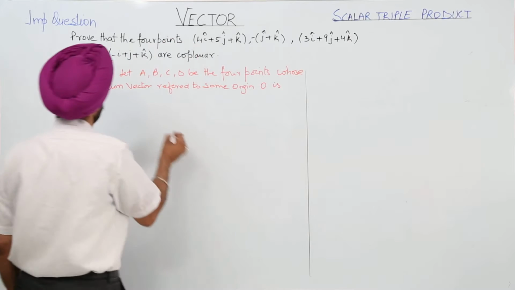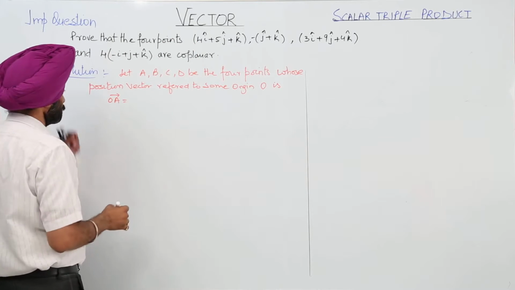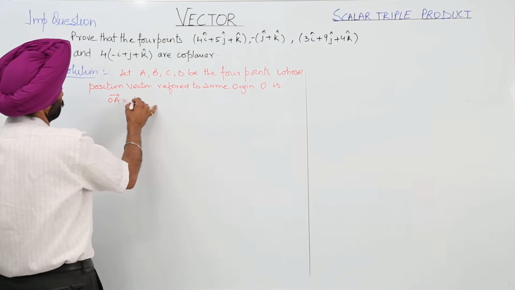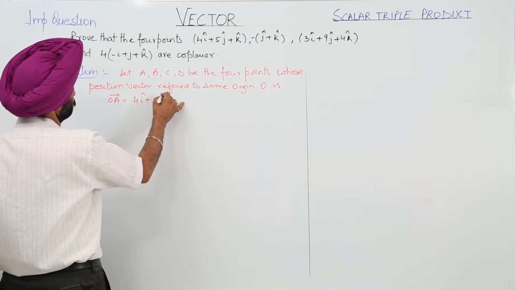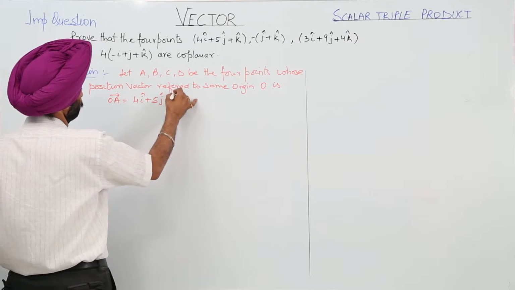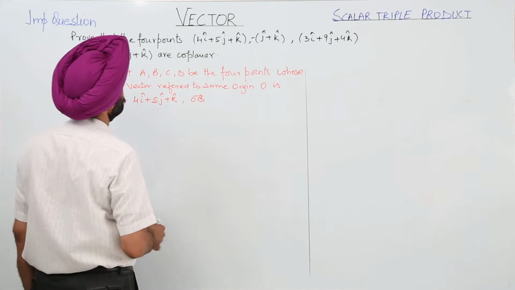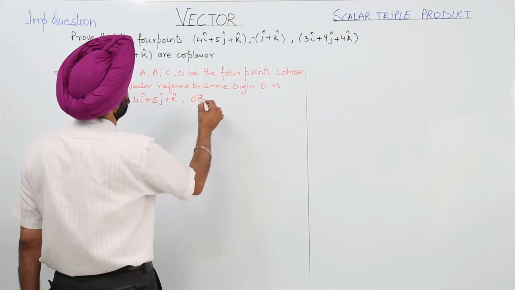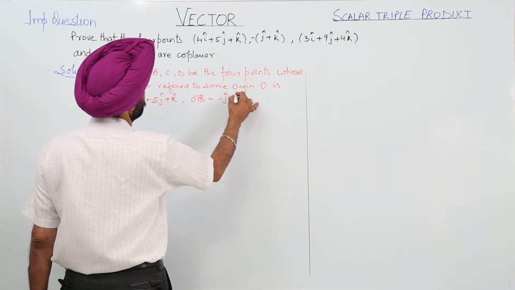Vector OA is equal to 4 i cap plus 5 j cap plus k cap. Vector OB is equal to minus j cap minus k cap.